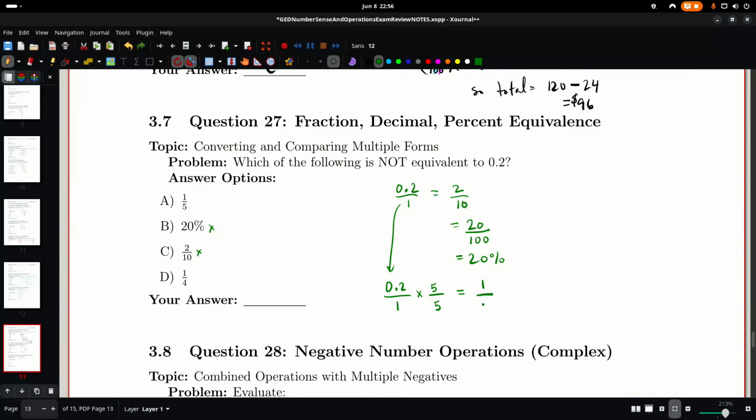So that's 1 over 5. So it can't be A either. So the only one that it could be is D. So this answer is D. And if you think about D, well, what is 1/4? 1/4 is the same as 0.25 or 25%.